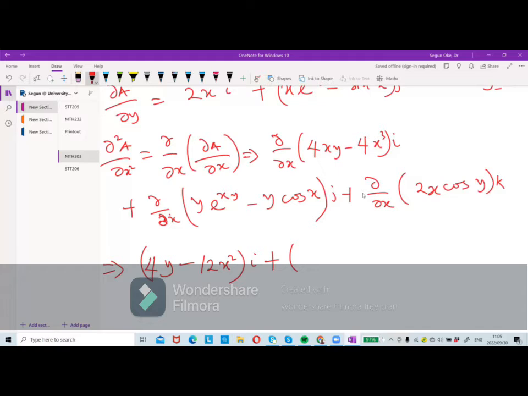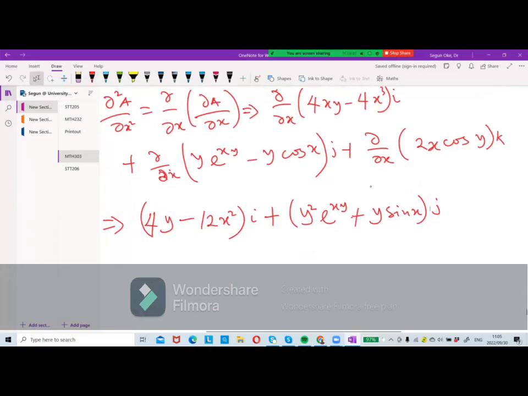You are differentiating with respect to x, so you have y squared exponential xy. Why? Remember, x will have turned to 1 again. Is that okay now? Yes, sir. Thank you, sir. When you differentiate cos, what do you have? That would be plus y sine x j.